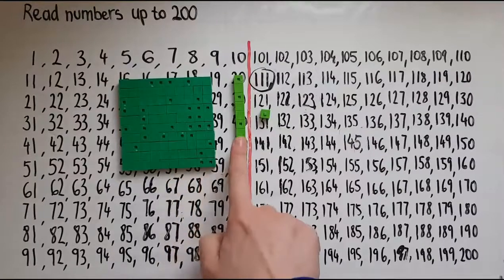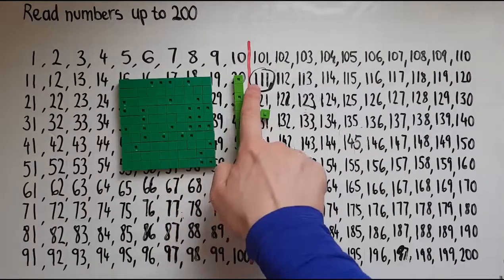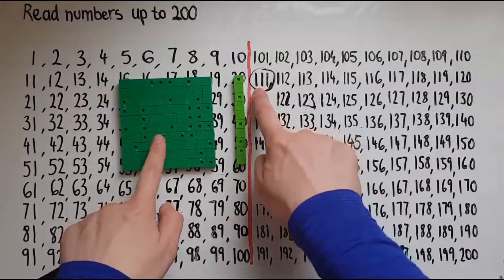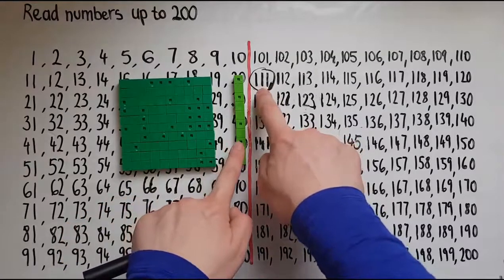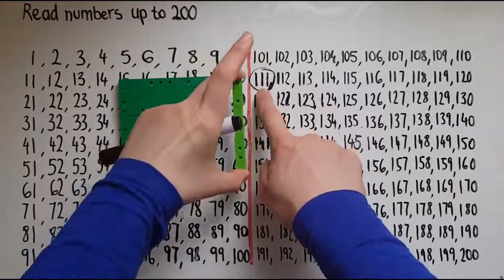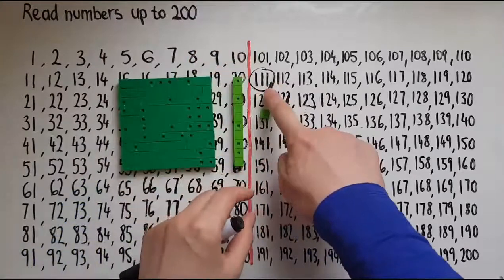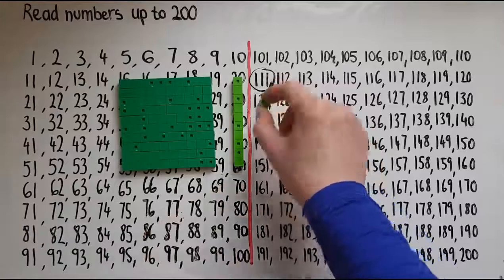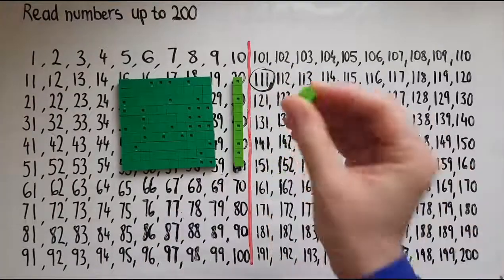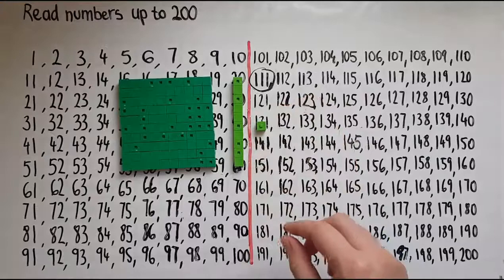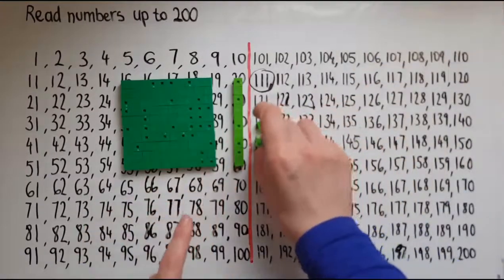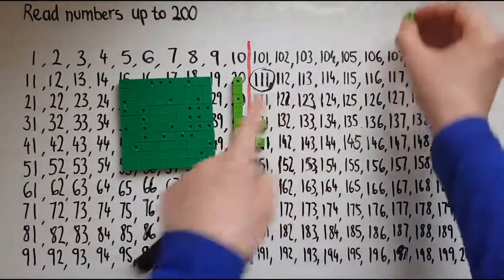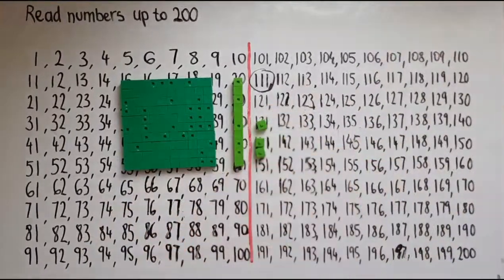So 100, 10 and 1 makes 111. So that one represents this block. This one in the middle represents this block of 10, and the last one represents the single cube.